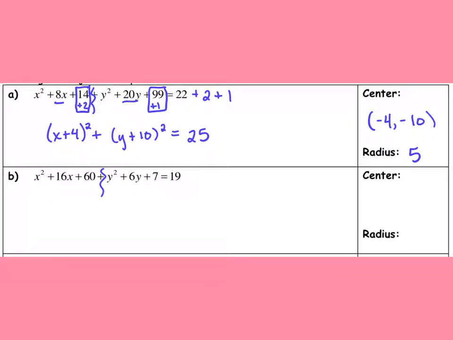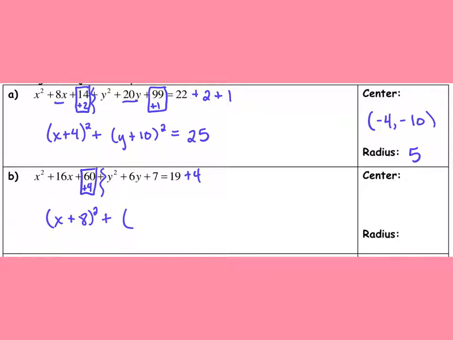Same thing on the other one. I'm going to split that in half. Half of 16 is 8, so x plus 8 squared. 8 squared is 64, so I need this to be 64, so I'm going to add 4 to it. On the other side, drop down the plus.